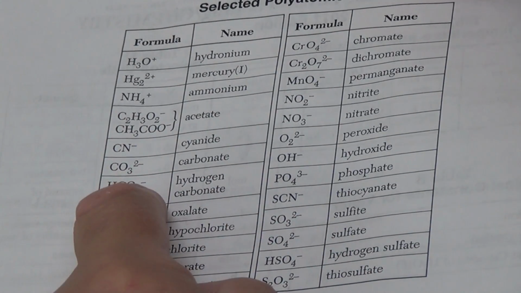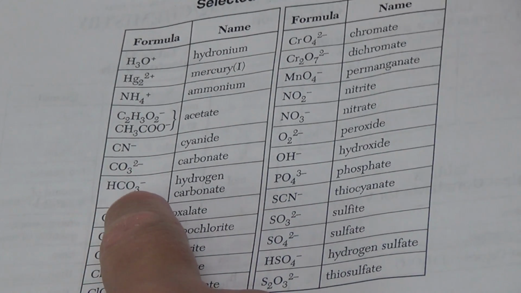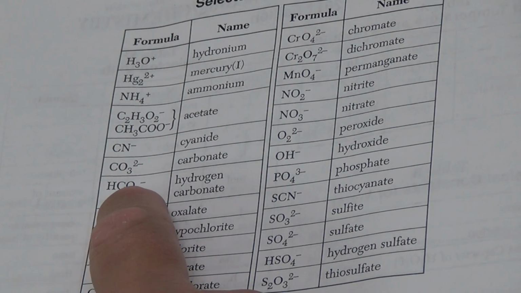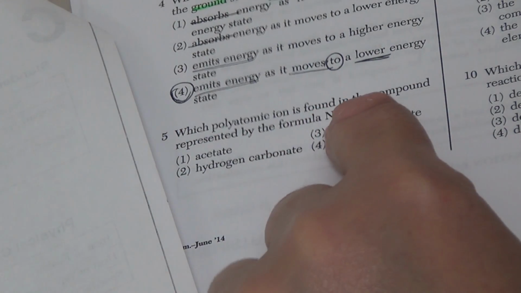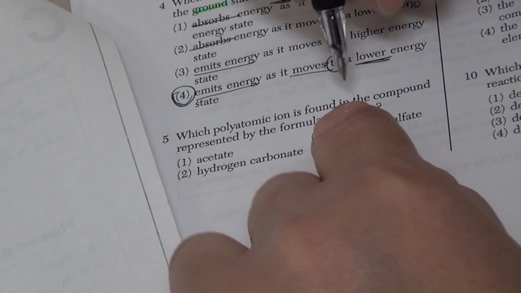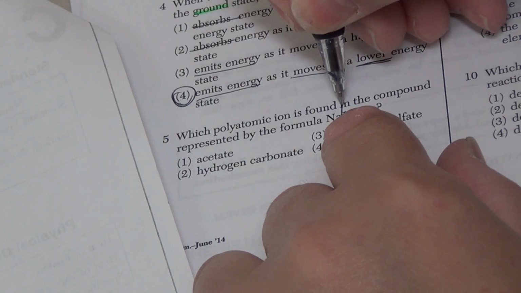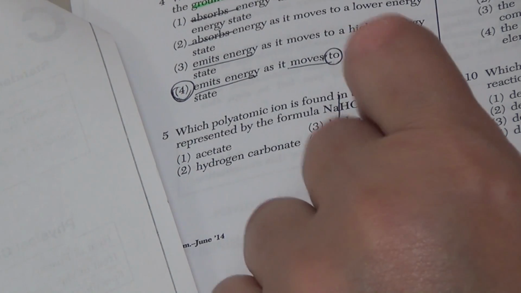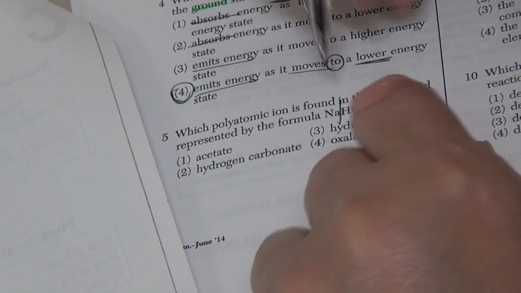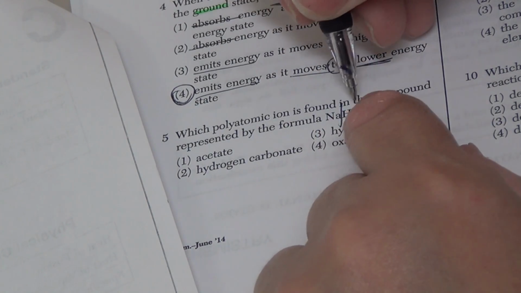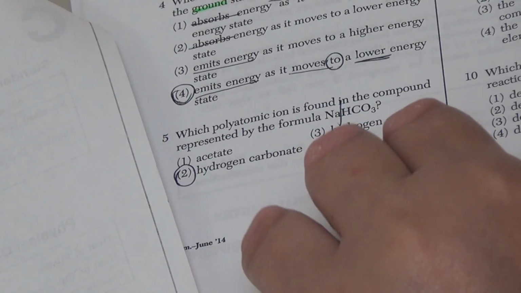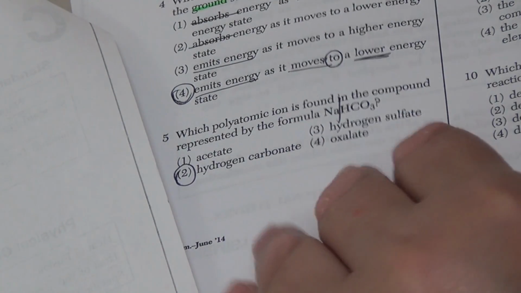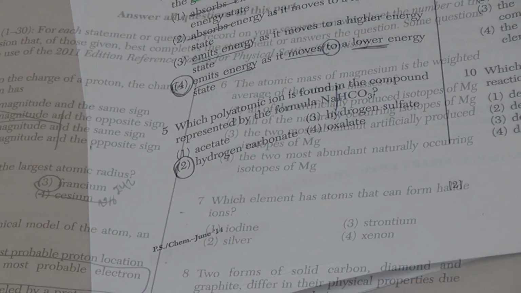Now, do any of those appear on this table? HCO3 appears on this table. HCO3 is the hydrogen carbonate ion. And that leaves Na as the other ion. So this compound is made of sodium and hydrogen carbonate. The name of the compound is sodium hydrogen carbonate. And the hydrogen carbonate ion is the one we've identified. Thank you very much, reference table E.